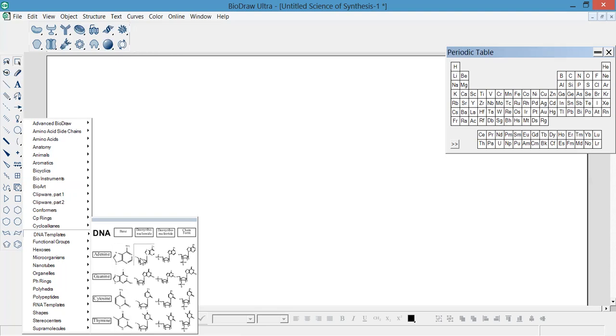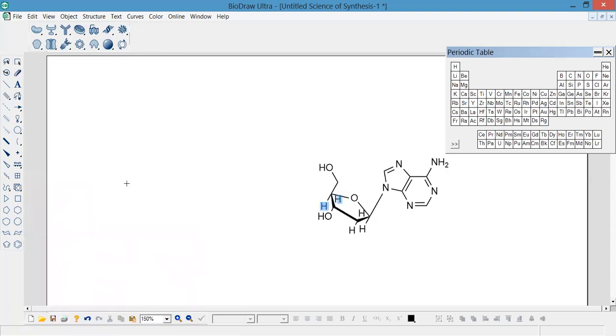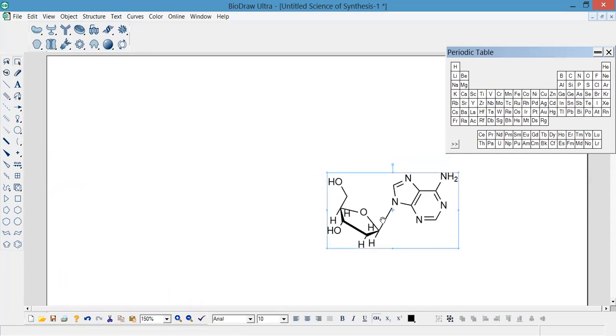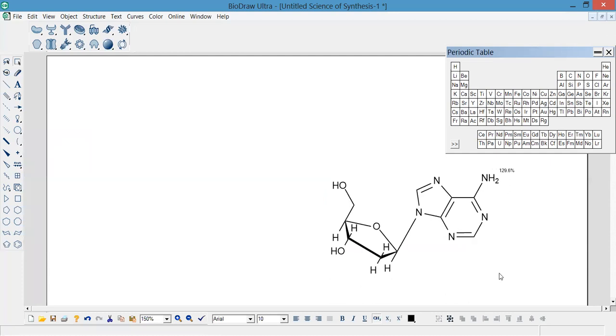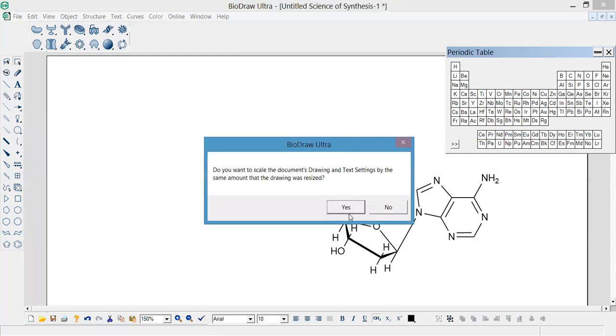And different sugars are involved in the synthesis of DNA, like deoxyribose sugar, deoxyribose nucleoside, deoxyribose nucleotide, like this. See here, this is a deoxyribose nucleoside sugar side chain, like this.